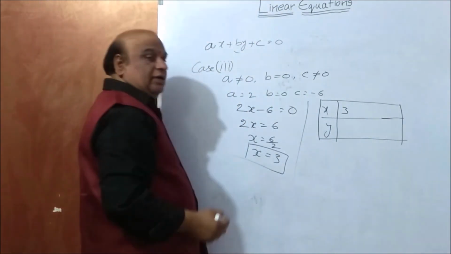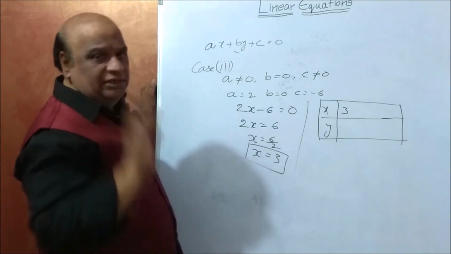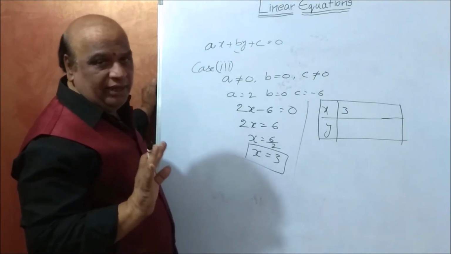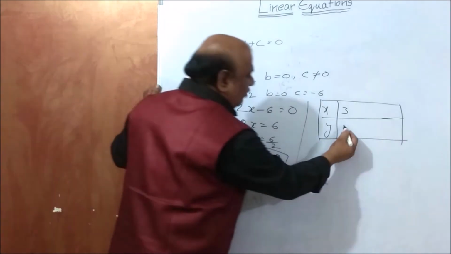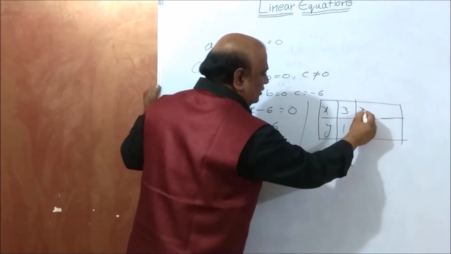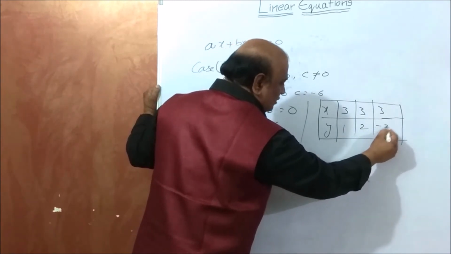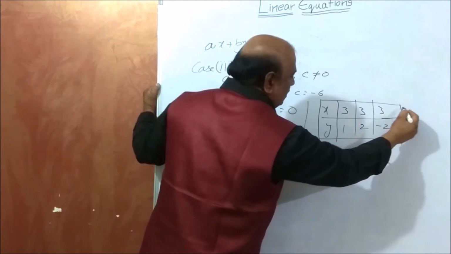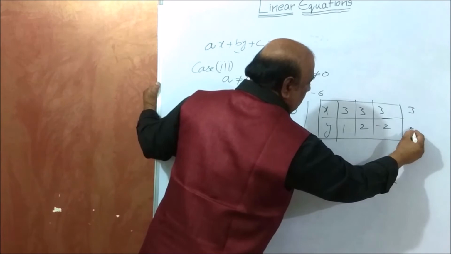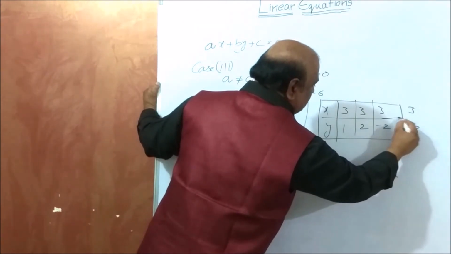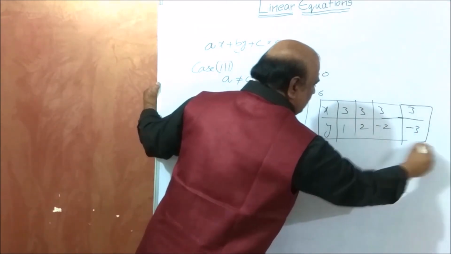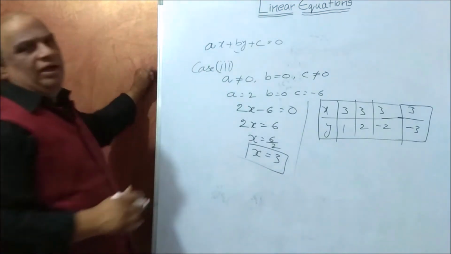Now you take a y value, any integer you can take. Now this is 1, 2, minus 2, minus 3, like this. You take some more values like this.